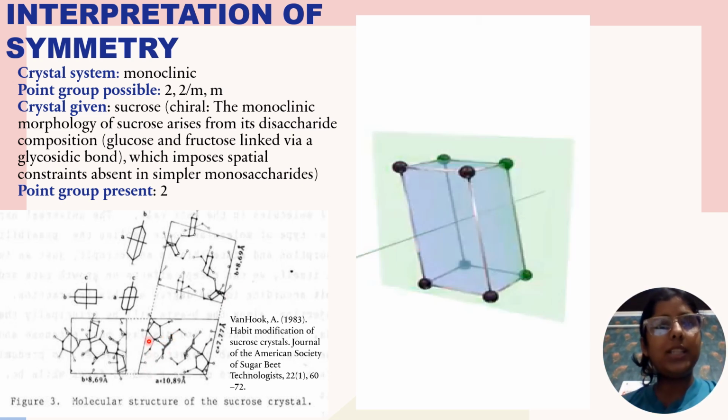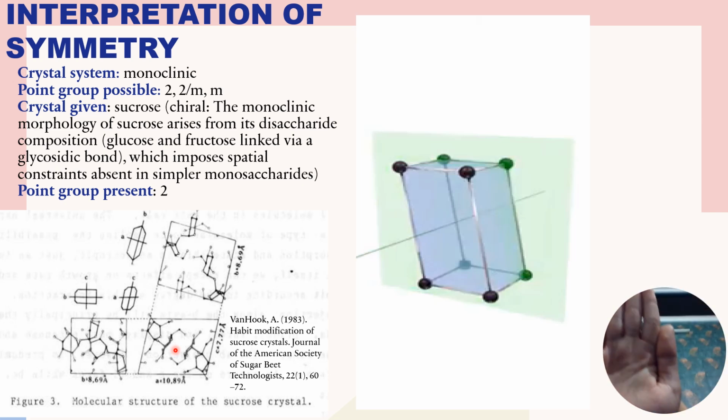Here the unit cell is shown in this picture. This is the A axis, this is the C axis, and we can imagine the B axis, which is perpendicular to the screen, going inside the screen. This is the twofold rotation axis coming through it.